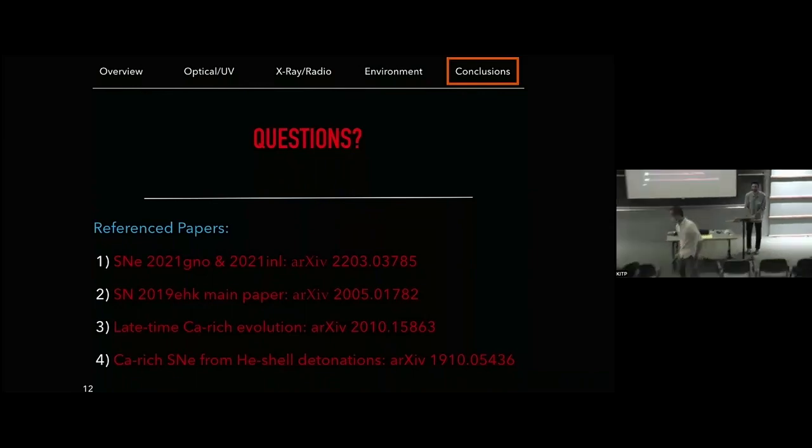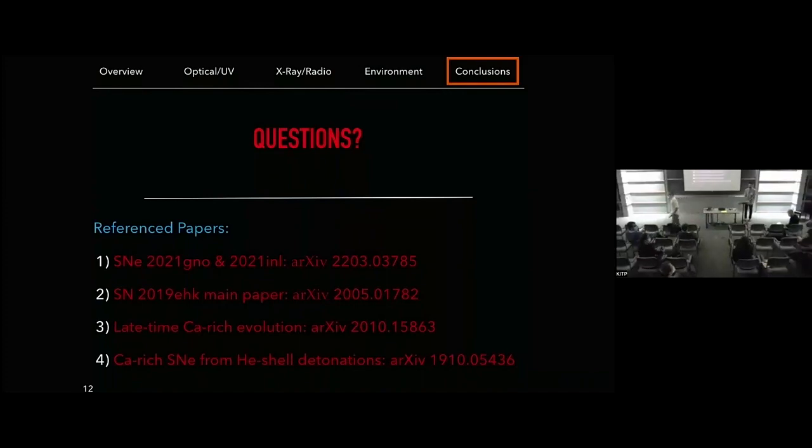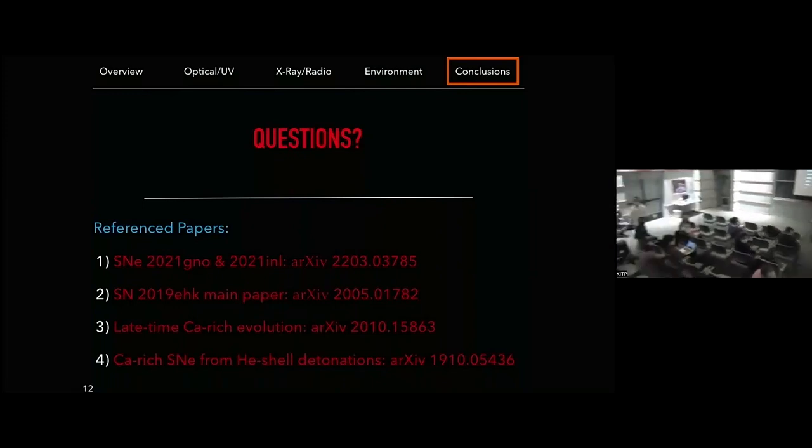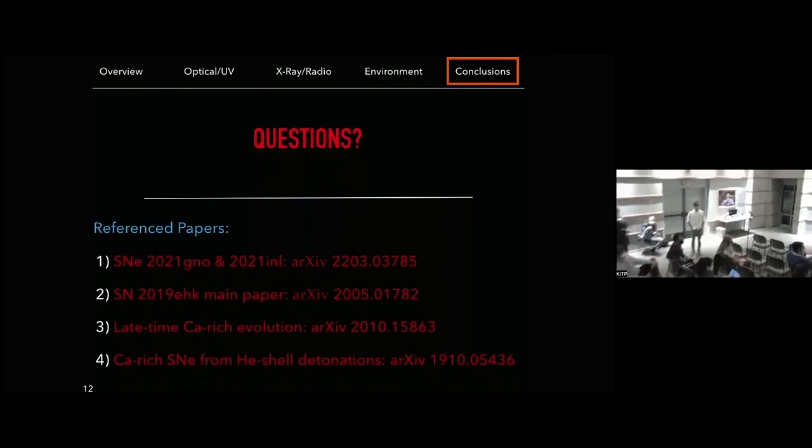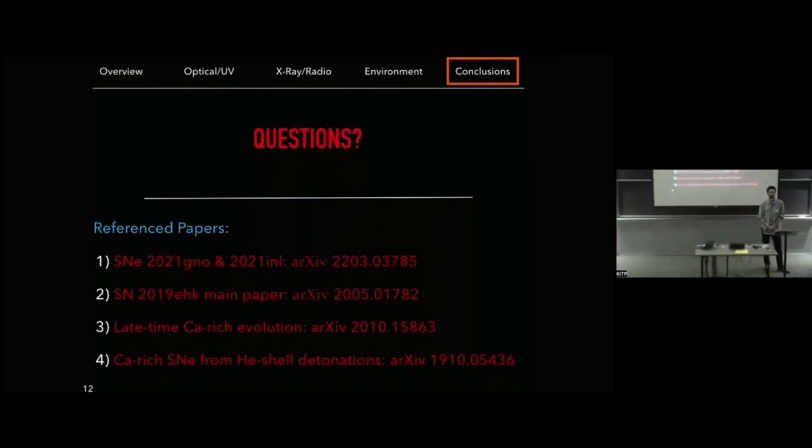Hey, Wynn. I had just two questions. So you said that you don't want to pay too much attention to the stripped envelope supernova model. Oh no, not that. I just wanted to talk about it. I think that there are other calcium-rich transients that could fit into that, because it's a pretty heterogeneous class.